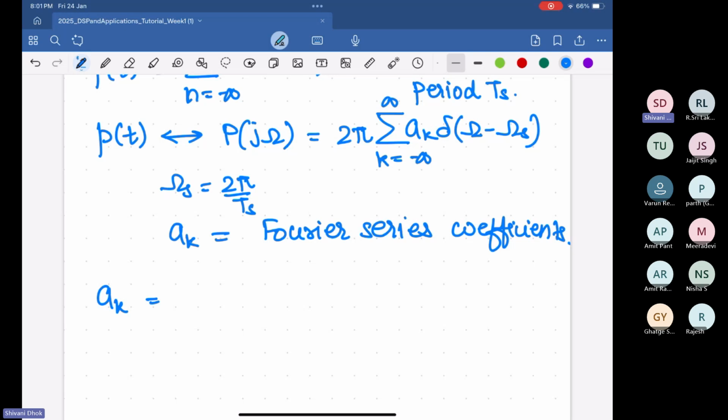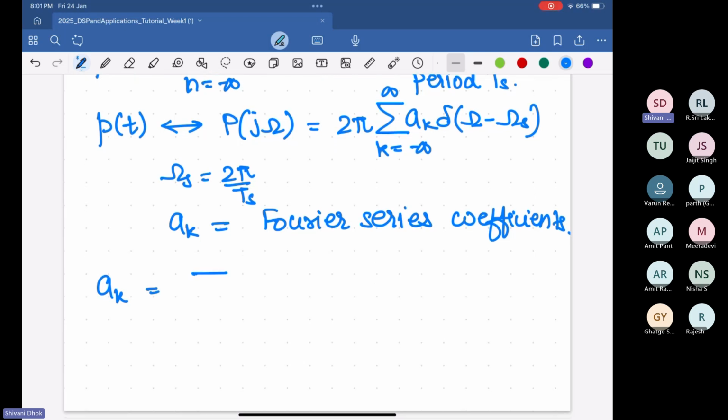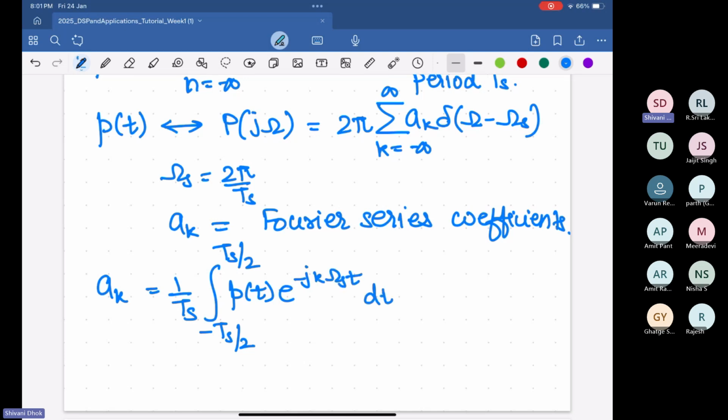So this ak is given by 1 by Ts over a period of Ts. So let's take it from minus Ts by 2 to Ts by 2, P of t into e power minus j k omega s t dt.